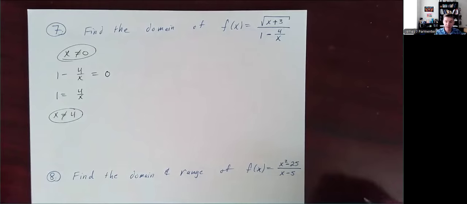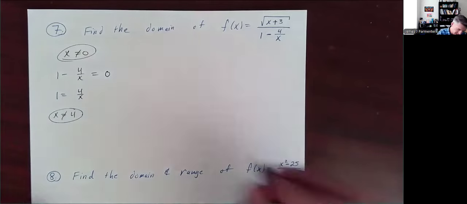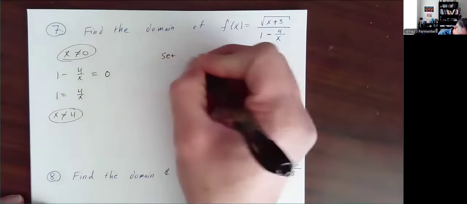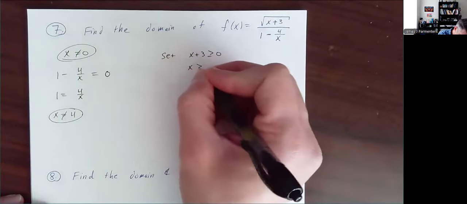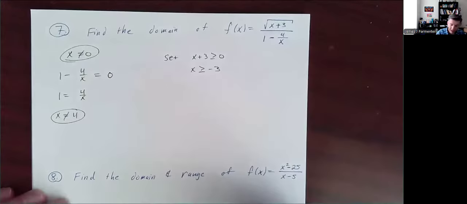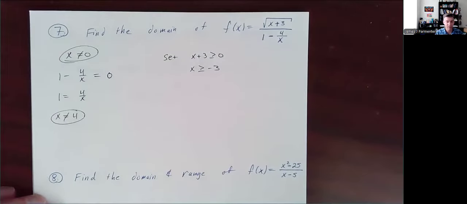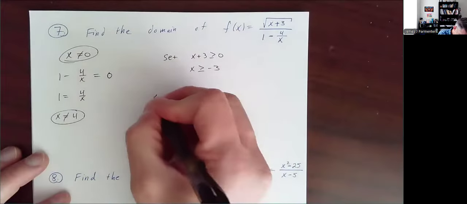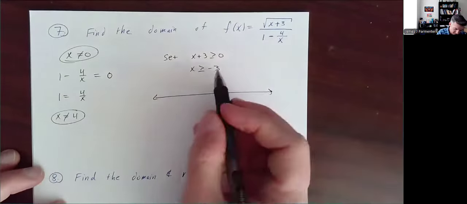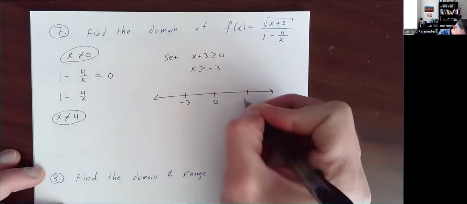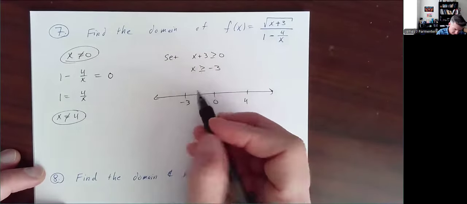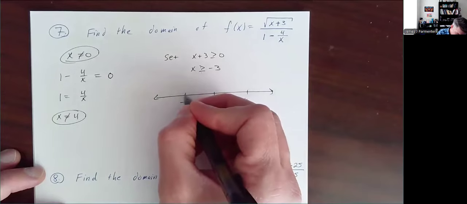And then I also have a square root, an even root on top, so I need to set the insides of that root, x plus 3, to be greater than or equal to 0. So x greater than or equal to -3. The easiest way to figure out what my interval notation is going to be is to write it on the number line. So my important numbers are -3, 0, and 4. I want everything bigger than or equal to -3, and I want to include the -3.